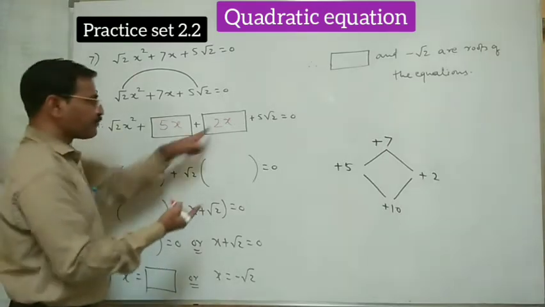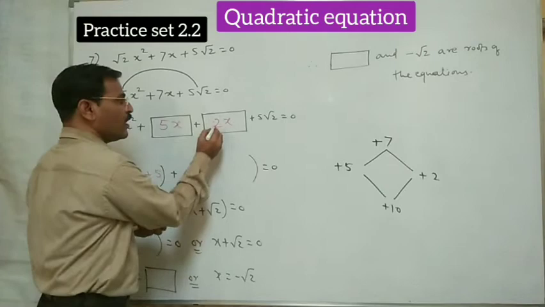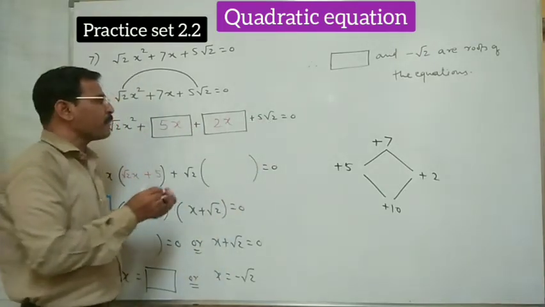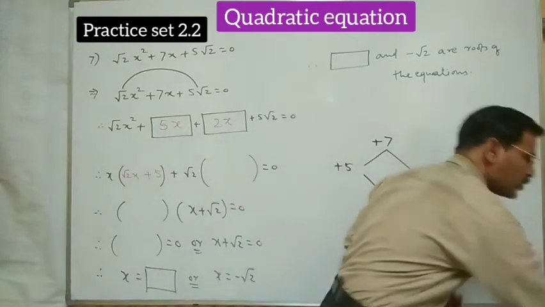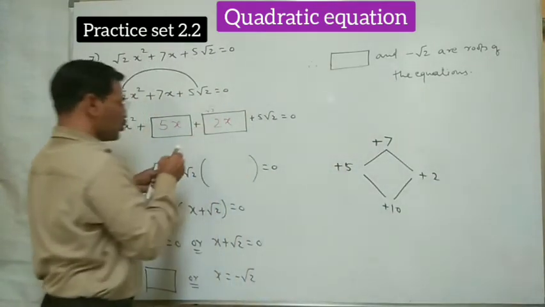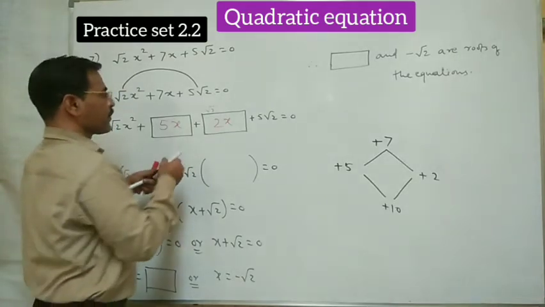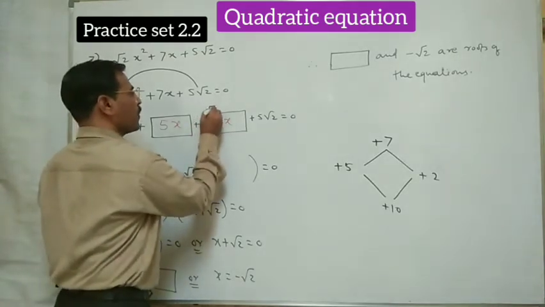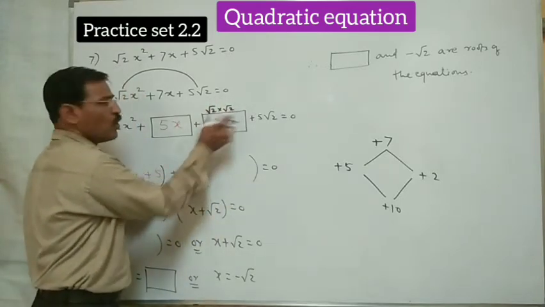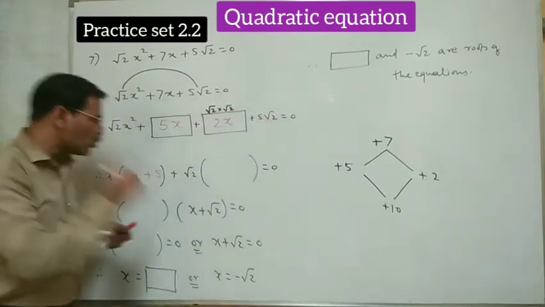Now this side, look here, it is very important, 2 and root 2. What is 2? This 2 is nothing but root 2 into root 2. From these two, we can take one root 2 common like this.